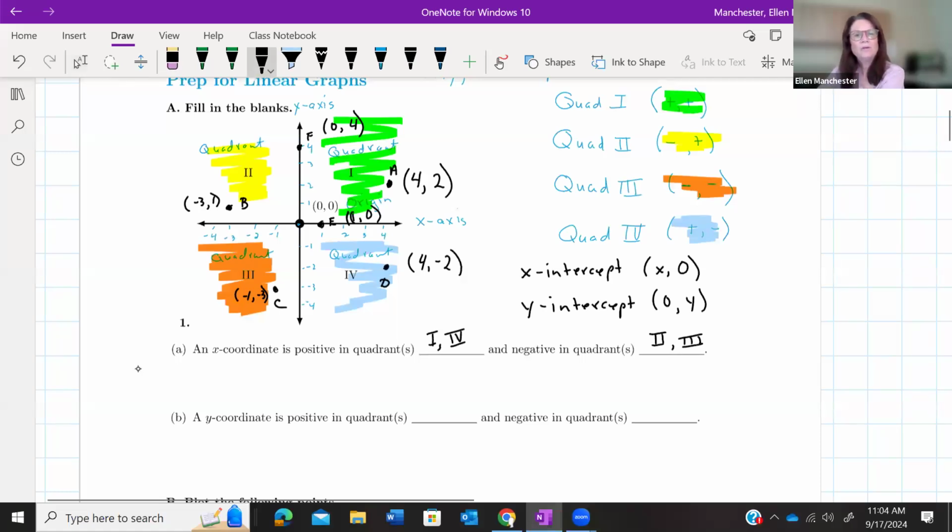And then the y-coordinates are positive in 1 and 2, and negative in 3 and 4. So just being able to place where those values are, or where the points are.